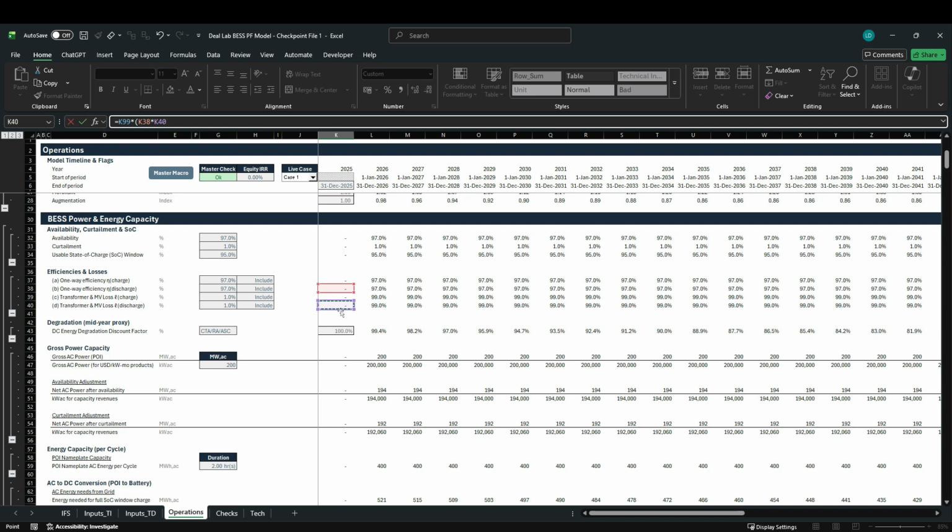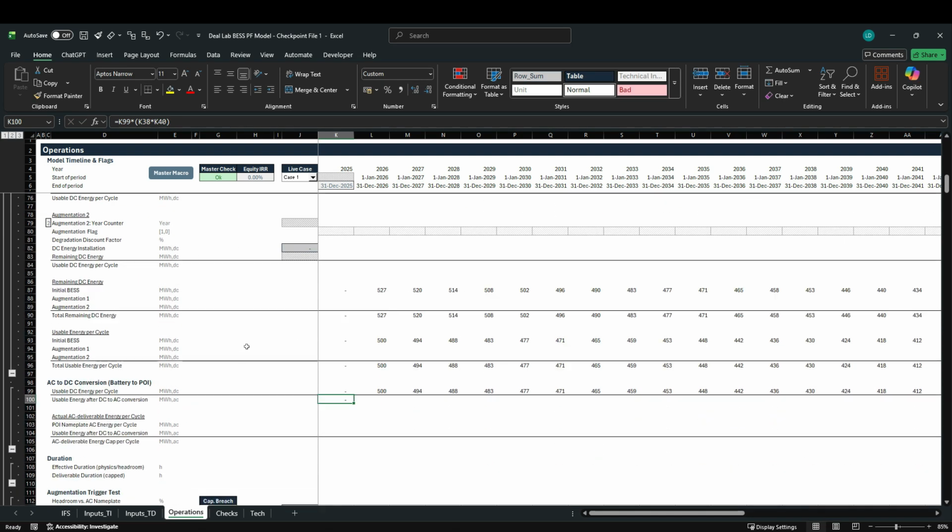These are the same losses we have applied in the previous lesson on the charge path, but now we consider the same values for the discharge path. Close parentheses, hit enter.